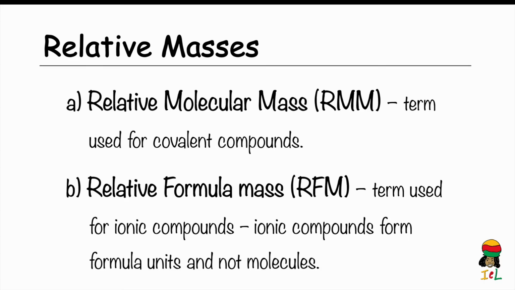This term is used when calculating the relative mass for ionic compounds. Recall that ionic compounds form formula units and not molecules. Just in case you have not yet reviewed the lessons on ionic and covalent bonds, you should follow up with those lessons when you have completed this one.